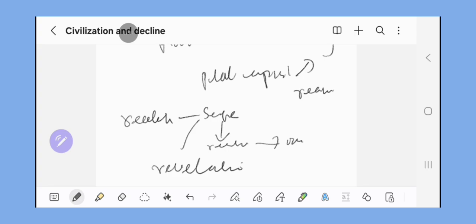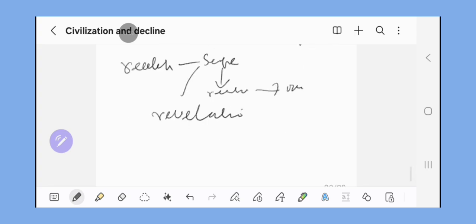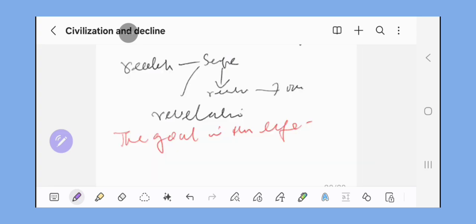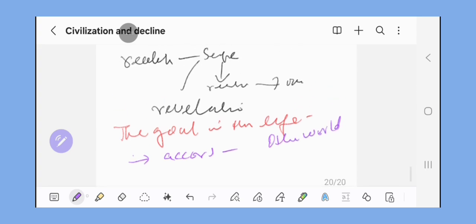And the goal of life in this sort of world, as Parsons defines it, must be to reach the closest possible accord with the other world and its demands.